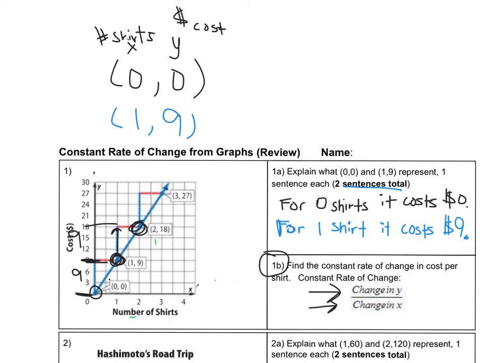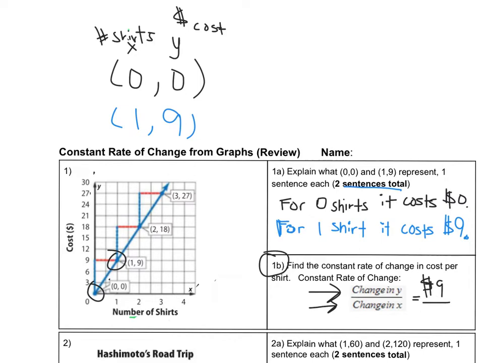If I go by these 2 points, it's from 18 to 27. Again, it changes by 9. So the y value is always changing by 9. And if you're not sure, we'll go back and look at it another way in a moment. But for right now, we're just going to note that the change in y is 9, I'm sorry, $9.